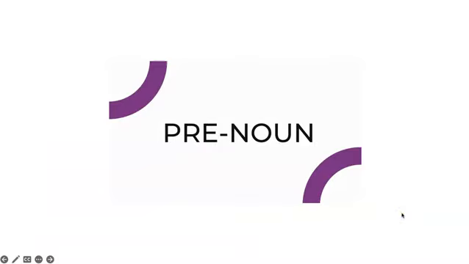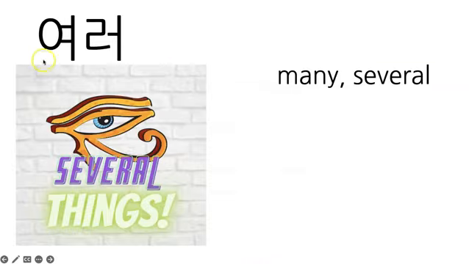The next, pronoun. Pronoun means the target expression should come before a noun. So that means these expressions should be followed by another regular noun. So for example, 여러, which means many or several. So 여러 군데, this is a new noun counter in this chapter, meaning place or spot.